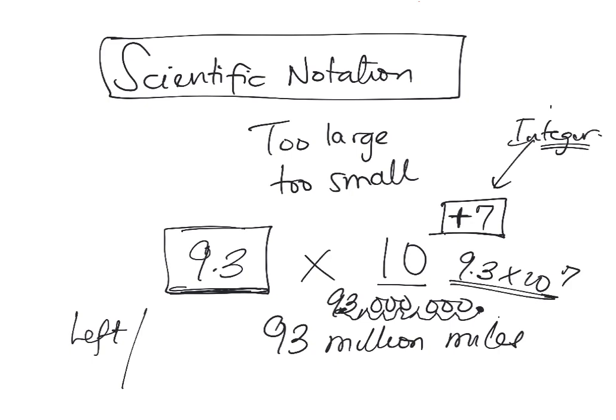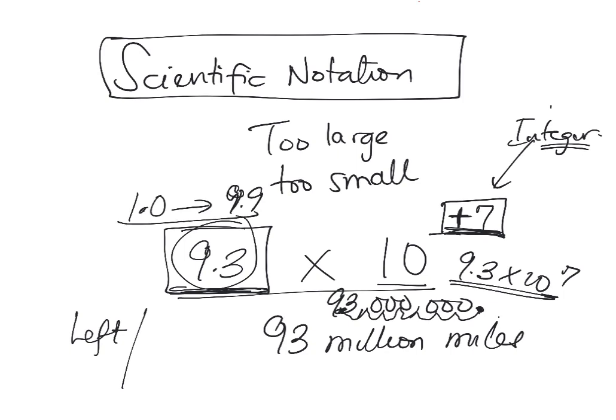Now, we don't have to write the plus in front of that 7. If we're dealing with a number where we had to have a negative, we would write it as negative, right? So think about large numbers. For large numbers, we're going to see a number over here from 1.0 all the way to 9.9.